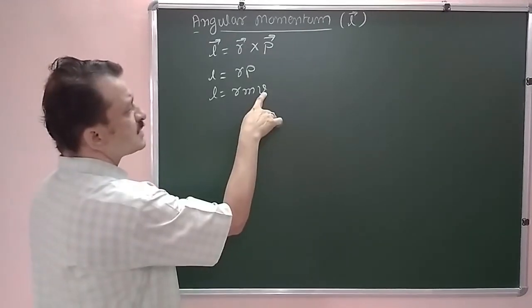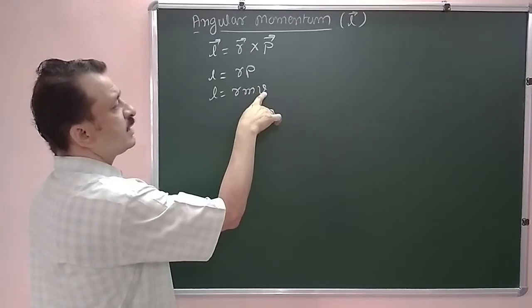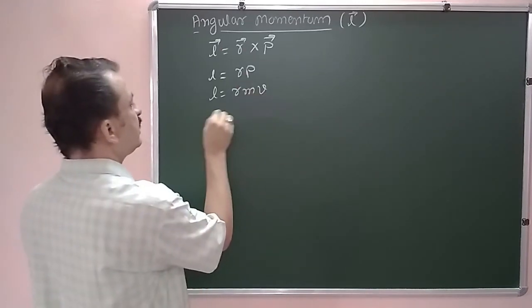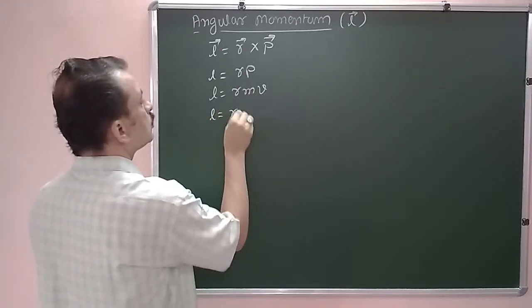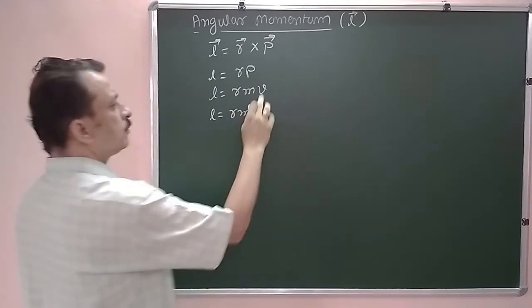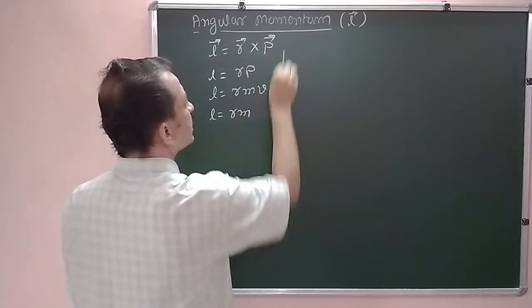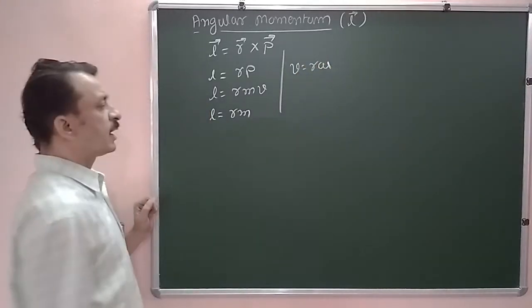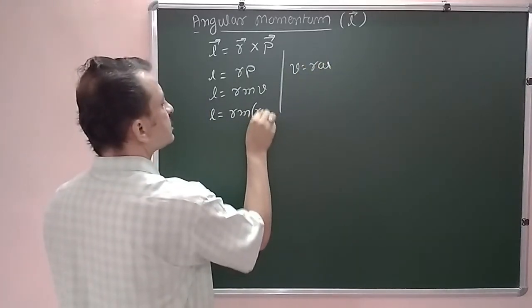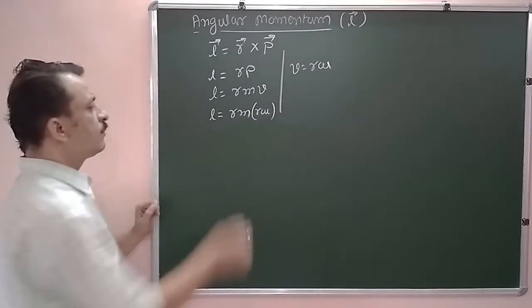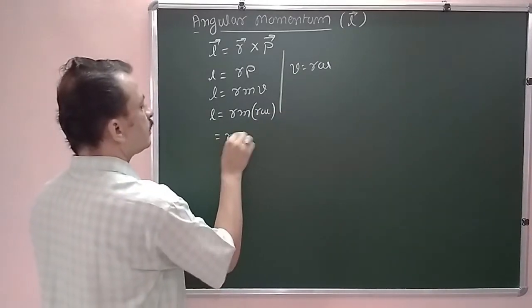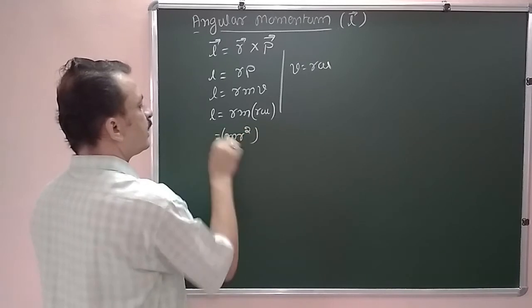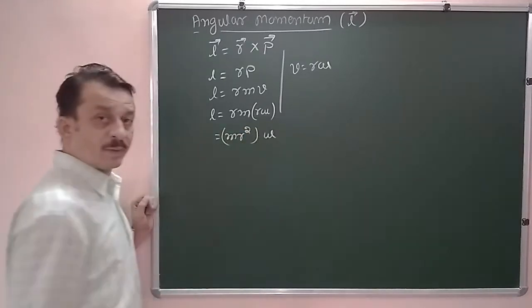Now if I replace this linear velocity in terms of angular velocity, with v equal to r into omega, I am going to get L equal to m r square into omega.